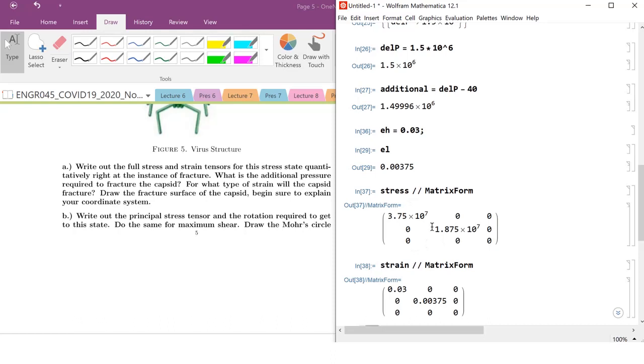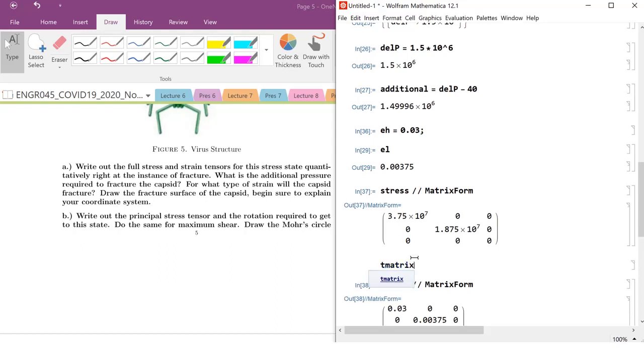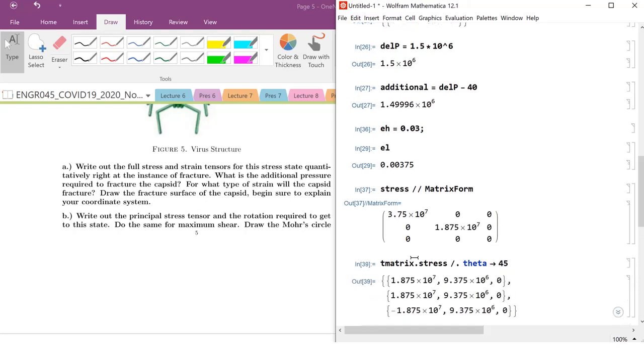We know to get your maximum shear, you're going to rotate theta of 45 degrees. And you could do that clockwise or counterclockwise. So here's where I could do the T matrix, which I did previously, multiplied by stress. And I'm going to replace theta with 45 or minus 45. I'm going to use my clockwise or counterclockwise rotation, so I'm going to have that positive 45 degrees.